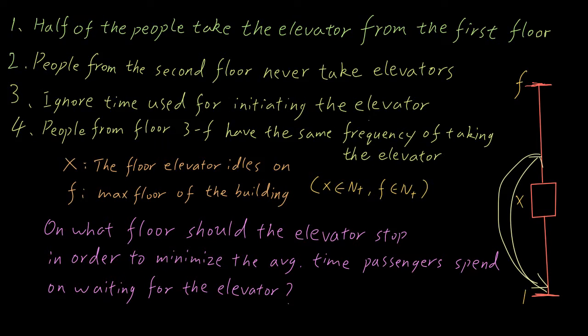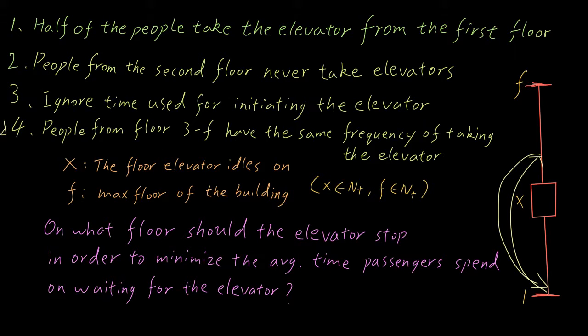I've mentioned this before, but I'll just ignore the time used by that because we don't actually know the exact time it used and also the ratio between that time and the time the elevator needs to move one floor up or down. And the fourth is people from floor 3 to f have the same frequency of taking the elevator. We must have this. If you don't have this rule, this question would just be meaningless.